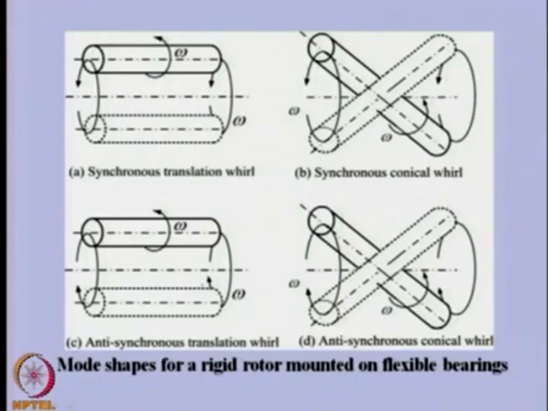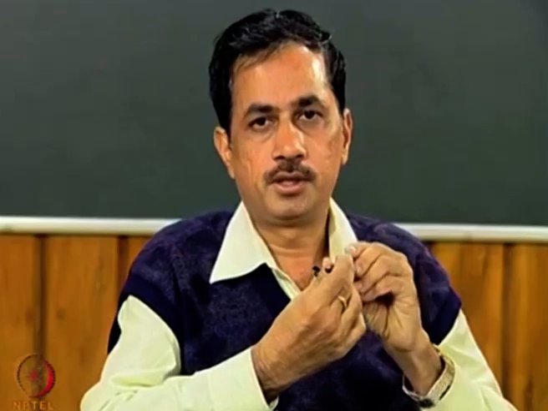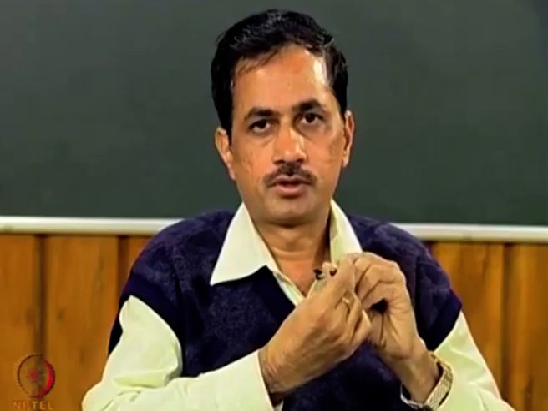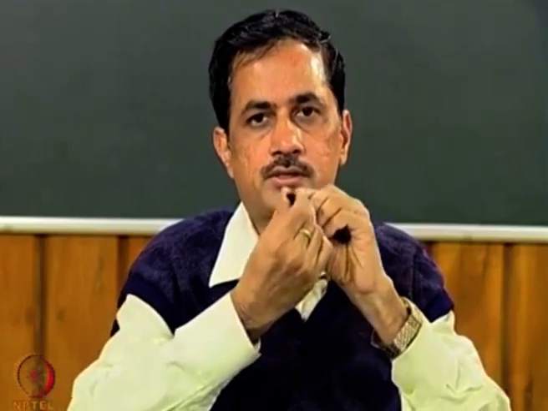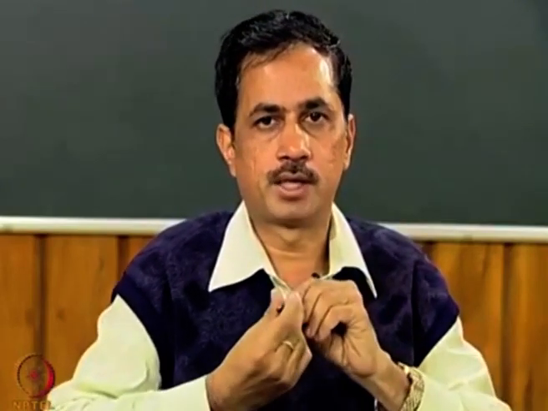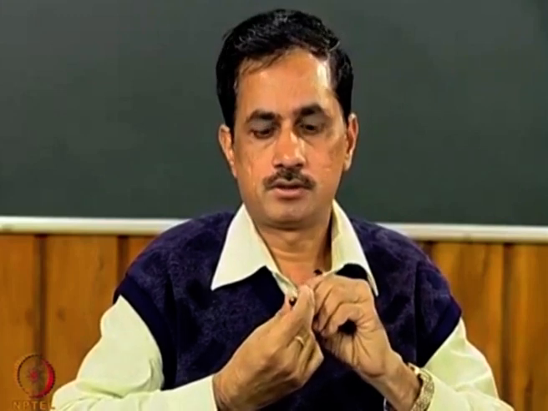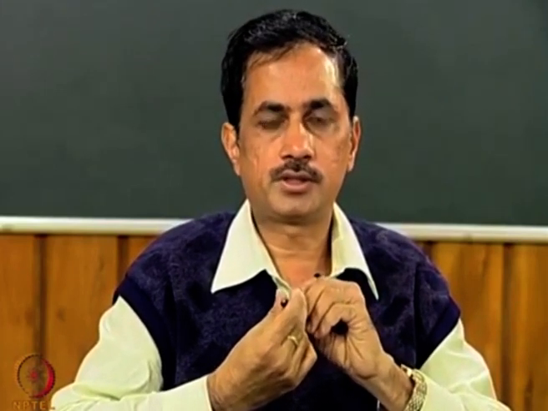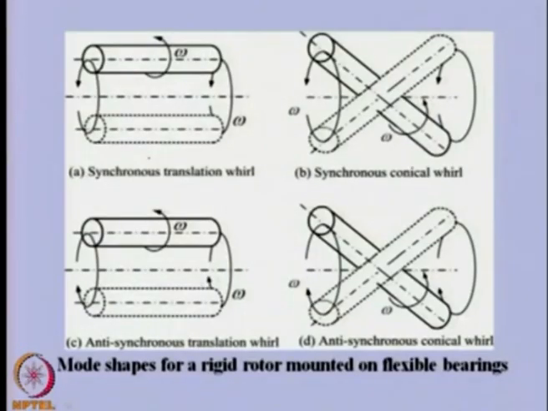So, the shaft is spinning in one direction, and in the first case it is also whirling in the same direction. In the second case, the shaft is whirling in the opposite direction. These two cases we can call synchronous translational whirl and anti-synchronous translational whirl.